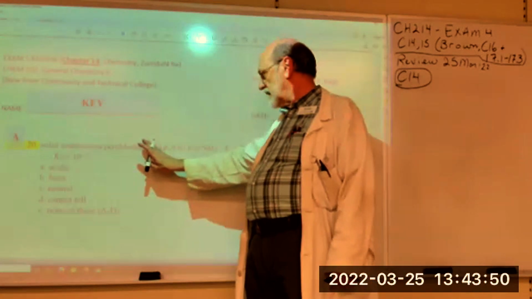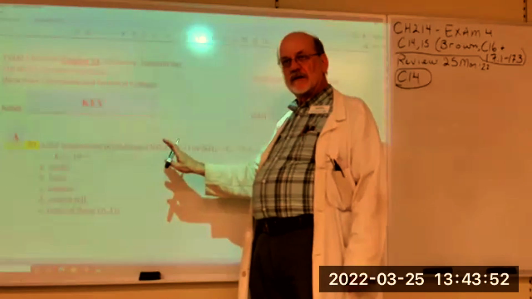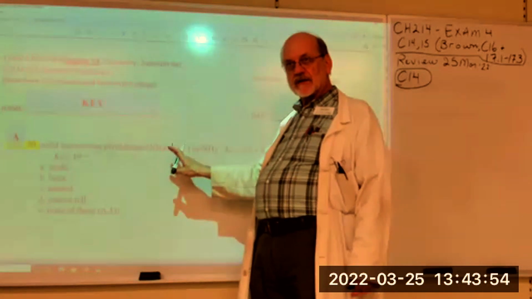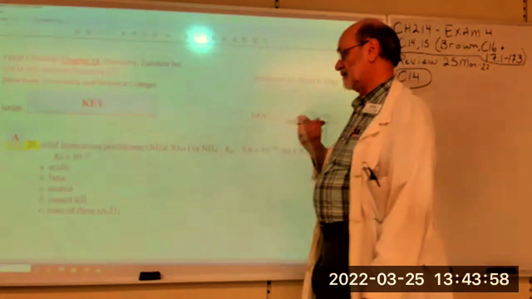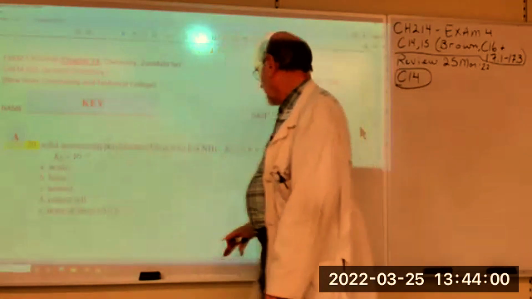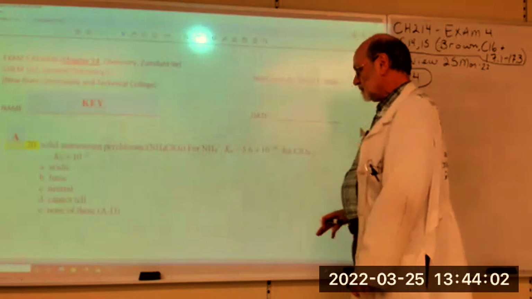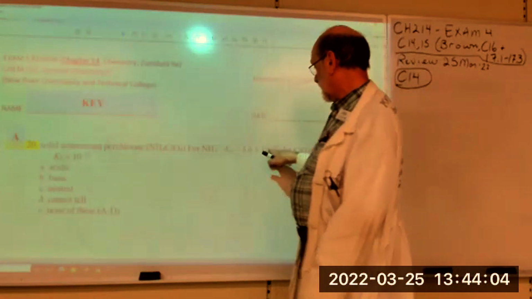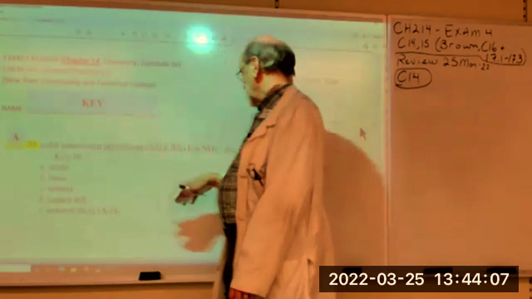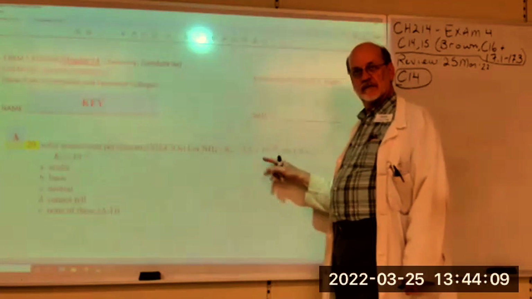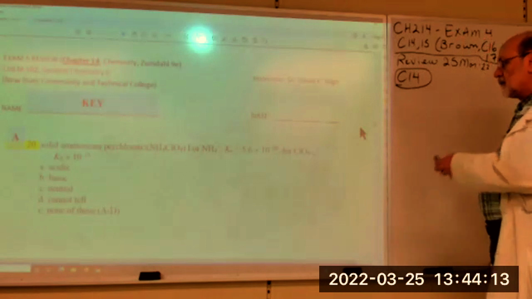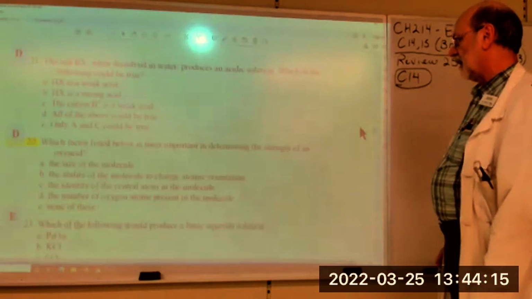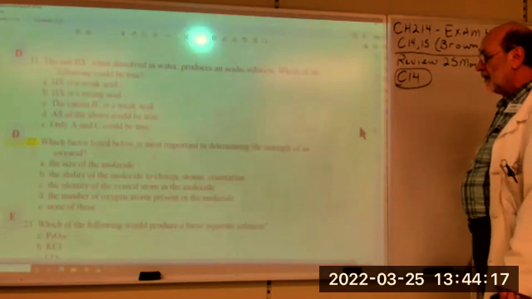So a weak base, strong acid gives you an acidic solution. Now that's the rule of thumb. That gives you the acidic solution. And you can compare the values actually. 10 to the minus 10 versus 21, so the acid wins. Okay, we're out of that group now.